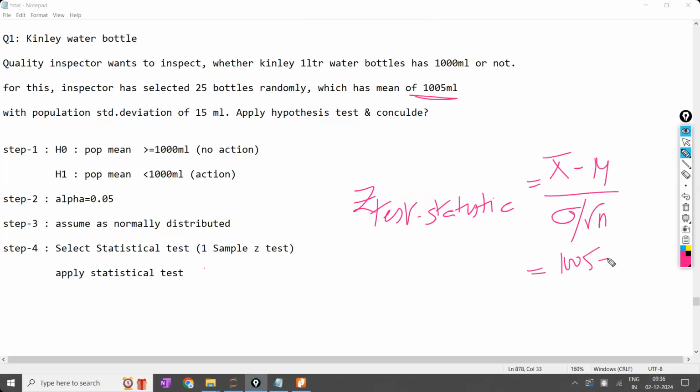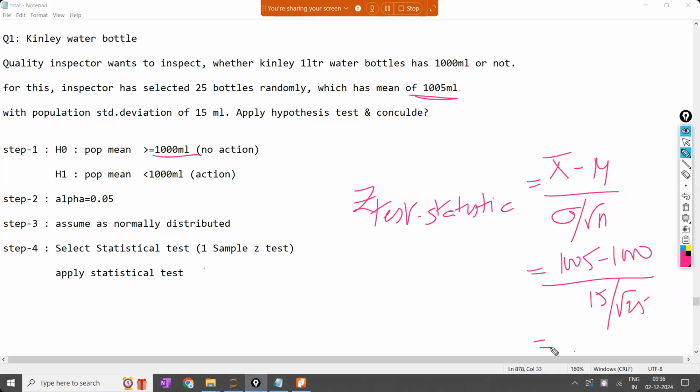And what is the mu value? 1000. And what is the standard deviation? 15. Total number of samples, 25. And what is the value you have got? 1.667. So up to 2 decimals, if you have to take, 1.67. So this is called applying the statistical test.